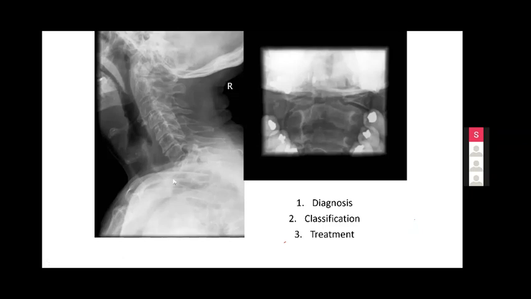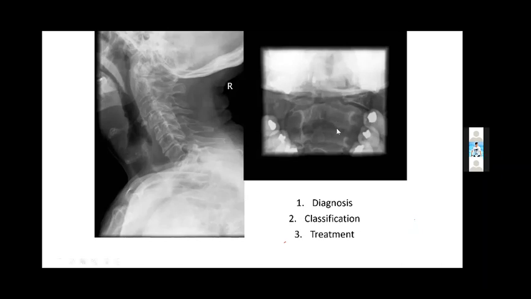Go on then. I see a fracture of C2. Okay. Yeah, start describing the X-ray. X-ray of the cervical spine, lateral view. What is this called?